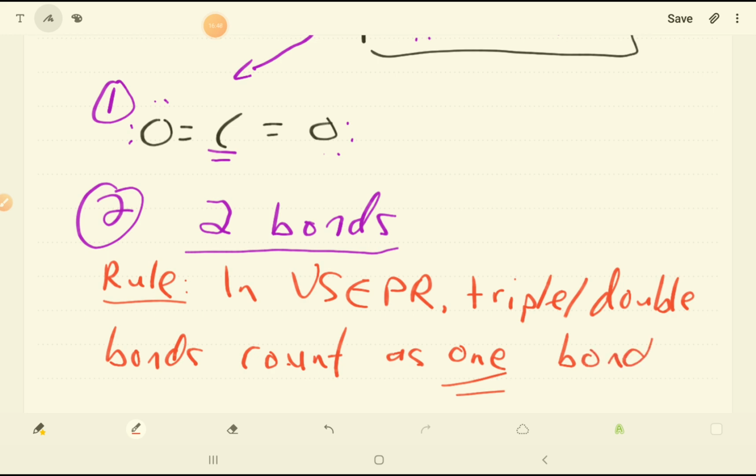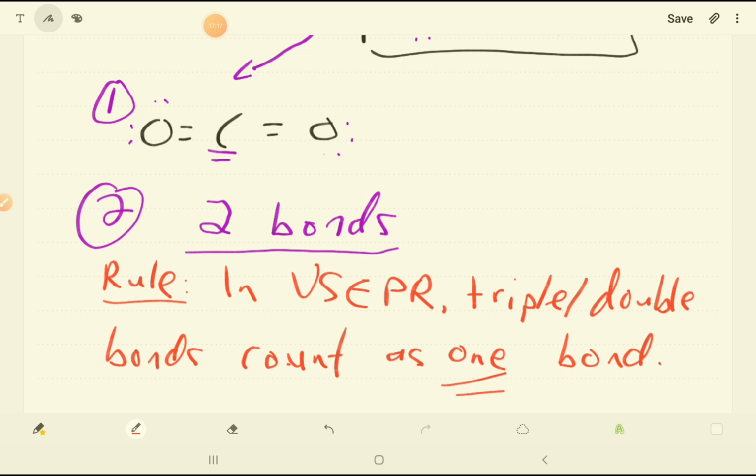The reason why this is the case, and this is a little bit advanced for Chem 20, this is more like university chemistry, but electrons end up being waves. And when electrons are waves, if you look at them like a wave instead of an actual particle, a double bond is really just like a wave that is double the size. And a triple bond is really just a wave that is triple the size. It's not an actual particle.